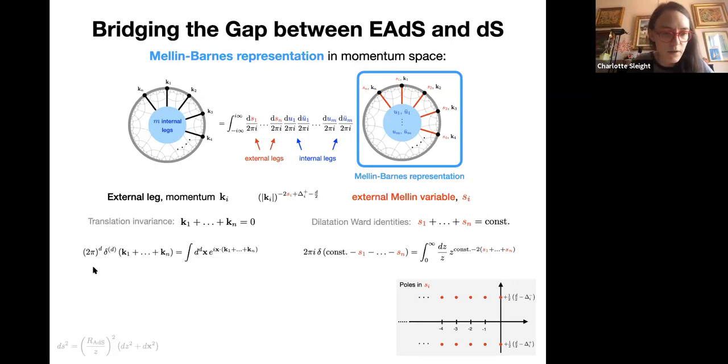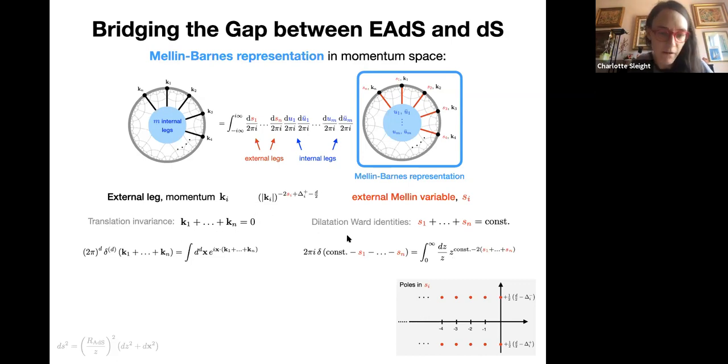And just like how the momentum conserving delta function arises as an integral over position x on the boundary, the delta function that enforces this constraint on the external Mellin variables can be expressed in a similar way as an integral over the bulk radial coordinate, which in Poincare coordinates, which is what we use in all of our computations, is usually called Z.